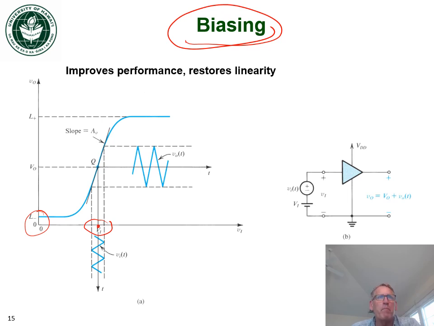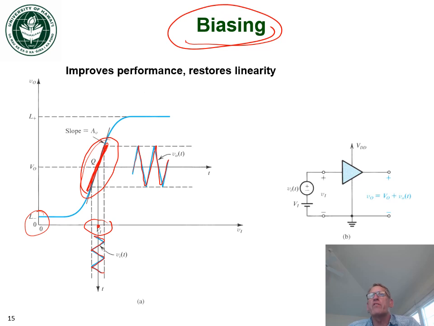This is called a bias voltage, or some DC voltage. Now our signal is centered around that bias voltage, and we try to center our input signal right around this nice linear steep part of our voltage transfer characteristic. So in this case, we have a triangle wave coming in, and the output will be a nice amplified version of the input because it's following up and down on this voltage transfer characteristic.